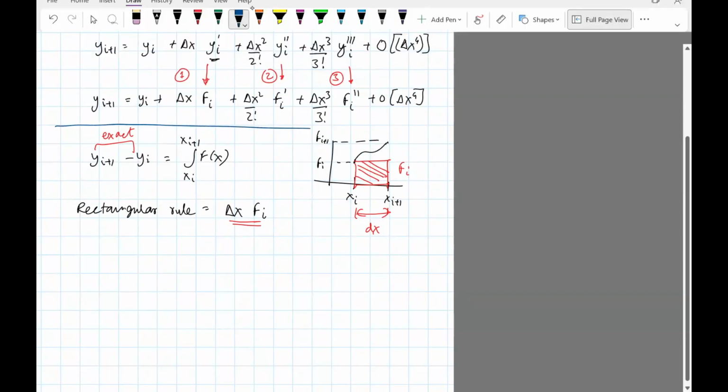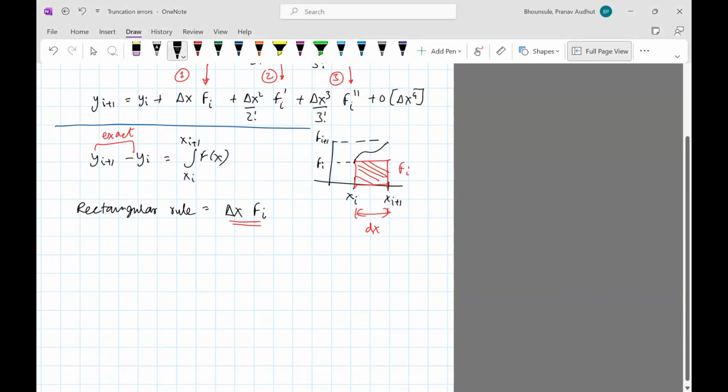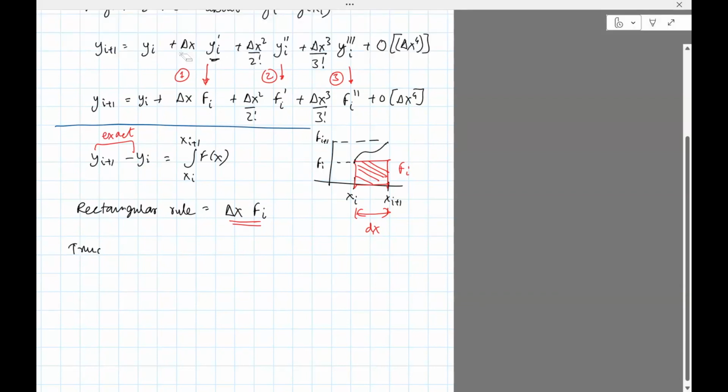I'll come back to this equation just a bit. So the truncation error is yi plus 1 minus yi, which is the exact integral, minus delta x times fi. This is exact, and this is the rectangular rule.